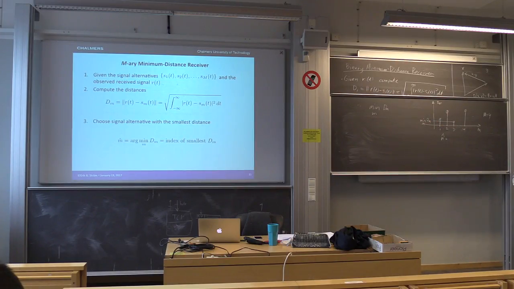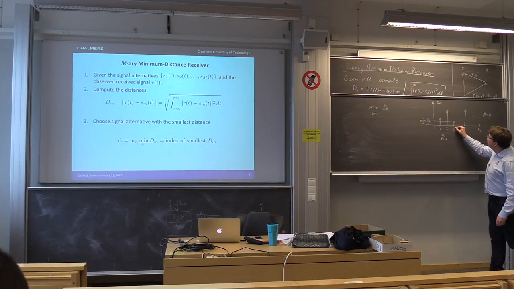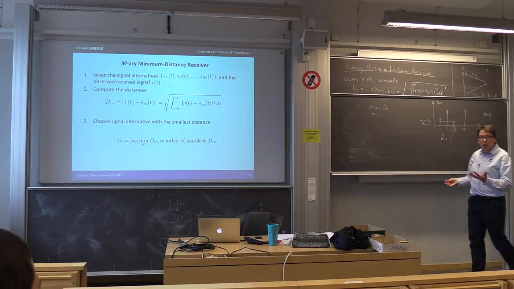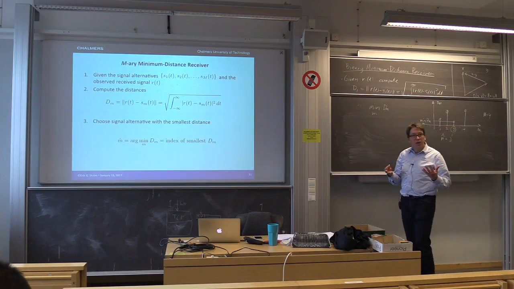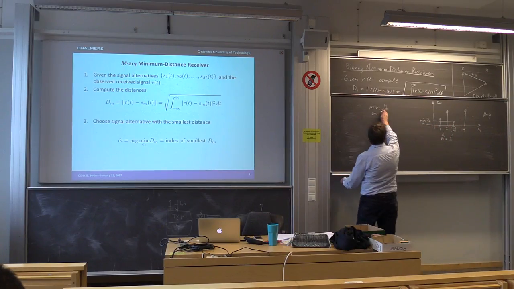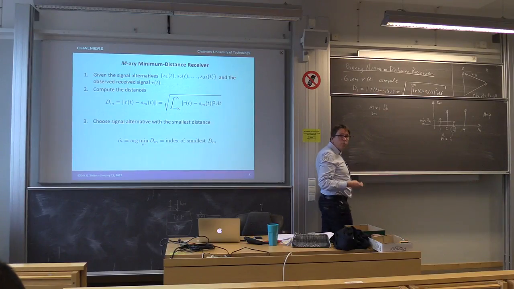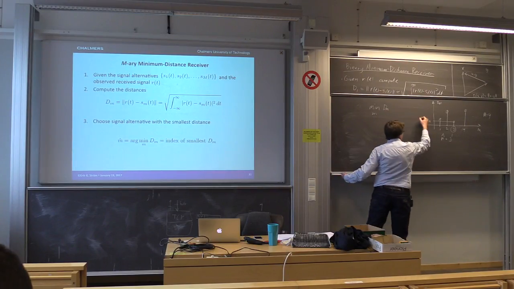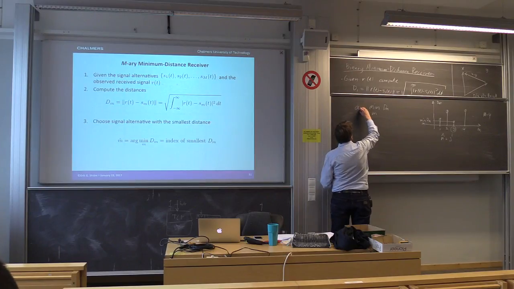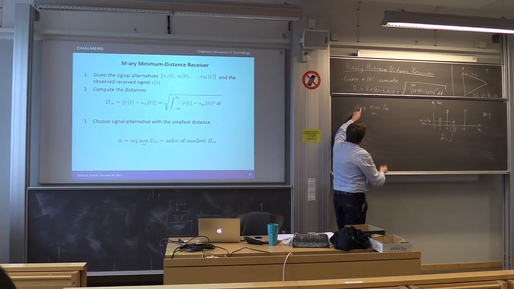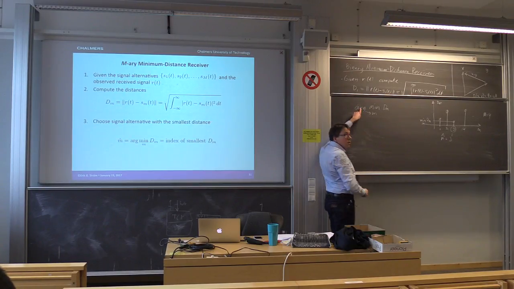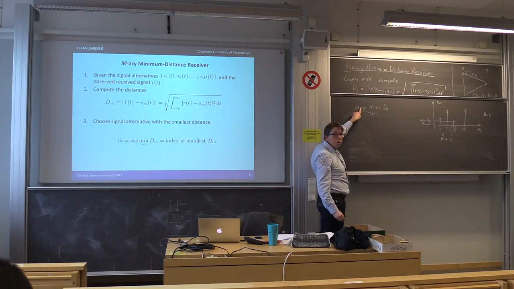But we're not interested in the distance per se. We're interested in the index for the smallest distance. Mathematically, this is the minimum over m, so it's the number. However, the arg of this points to the argument that produces the minimum.